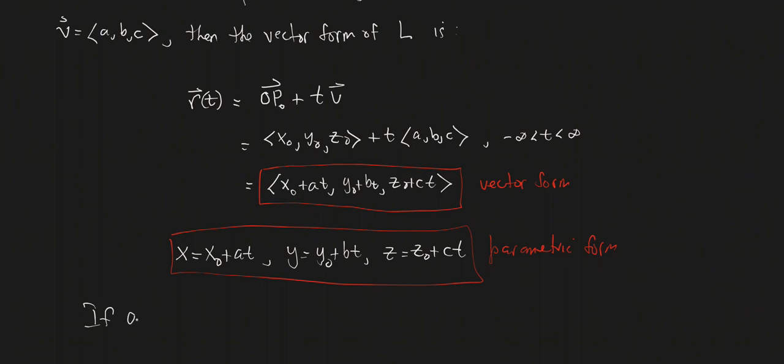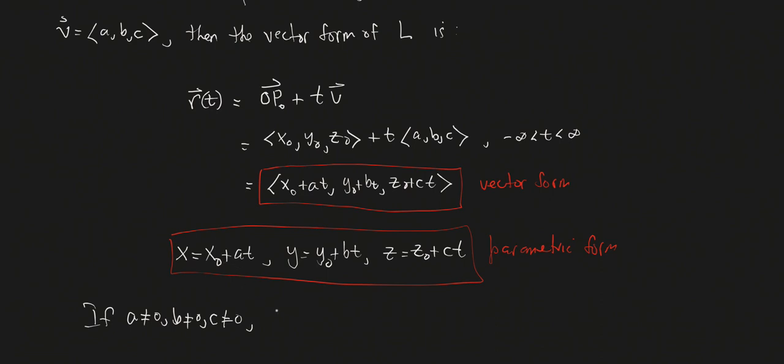If A is not equal to 0, B is not equal to 0, and C is not equal to 0, then what that allows me to do is to solve each of the three equations for t.